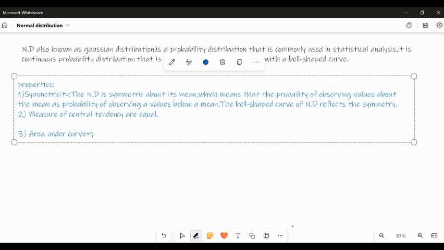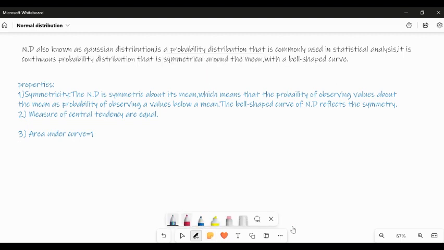So here are the properties of the normal distribution. The first property is symmetricity, the symmetric values. Okay, I'll just mention one normal distribution. My drawing doesn't look exactly like a normal distribution, but somehow it's okay.